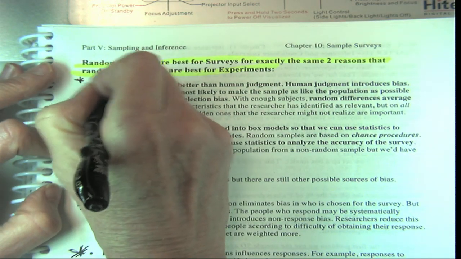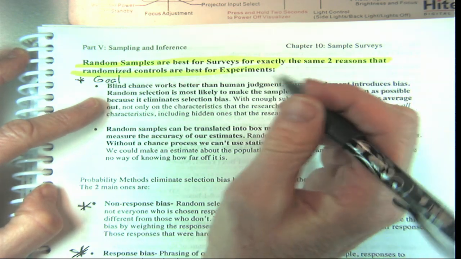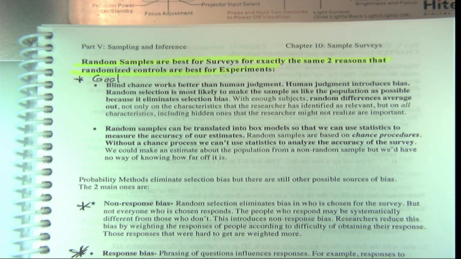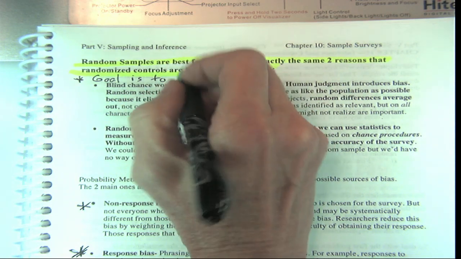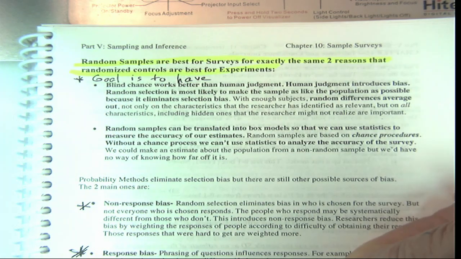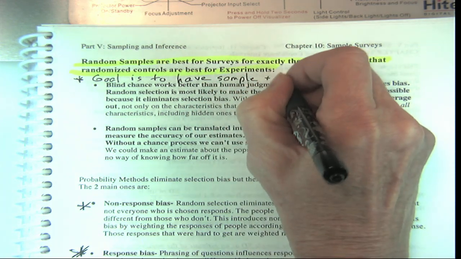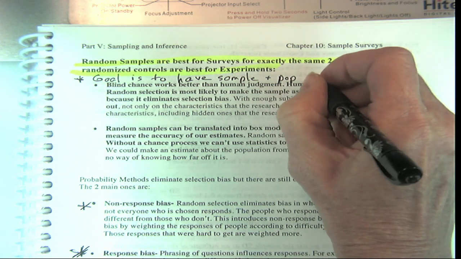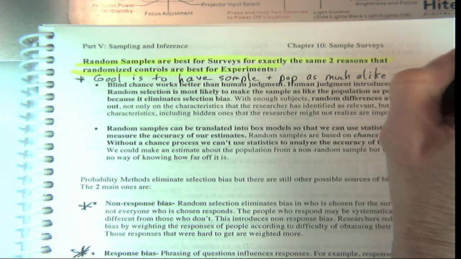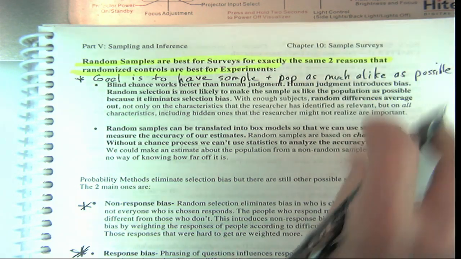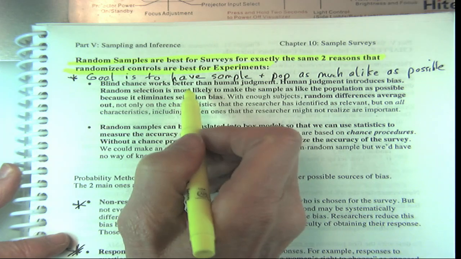Our goal for randomized experiments was to have the treatment and control group as much alike as possible. Here, our goal is to have the sample and the population as much alike as possible. And we saw that blind chance works better than human judgment.